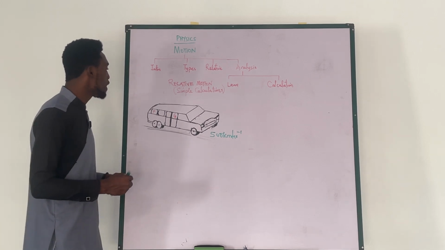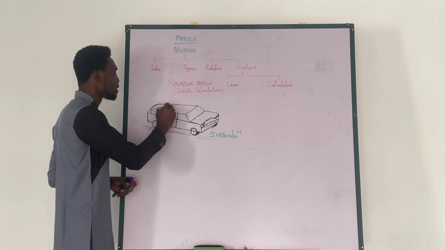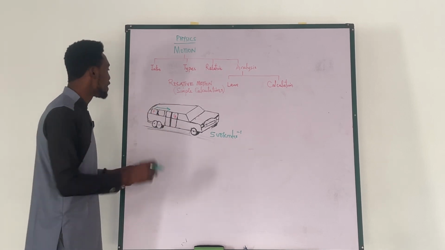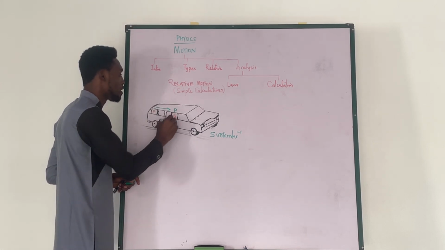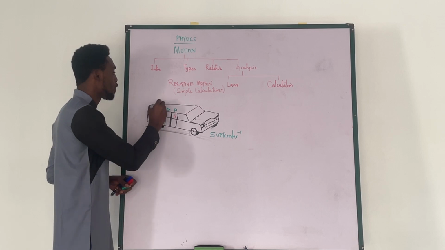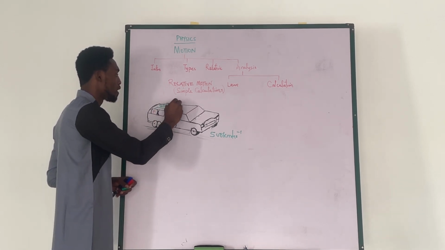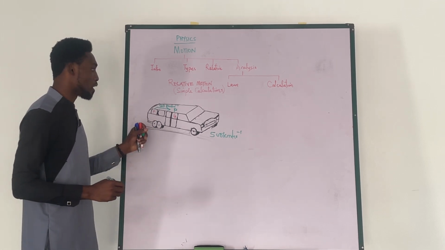But if for any reason passenger P decides to move forward to meet passenger G when this car is already set in motion, and let's say it moves with a speed of 20 kilometers per hour in the vehicle, something is now different.